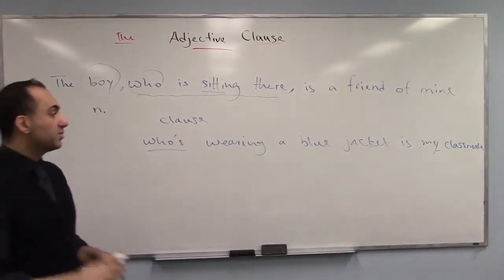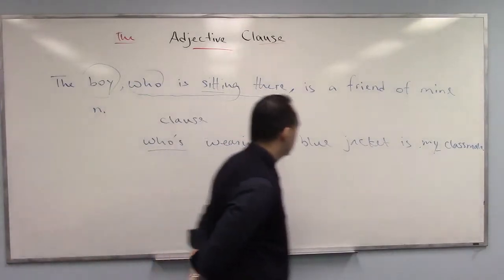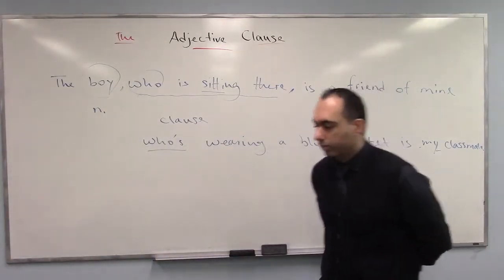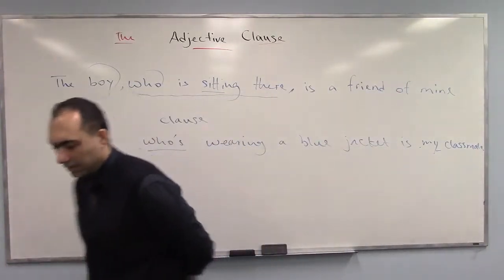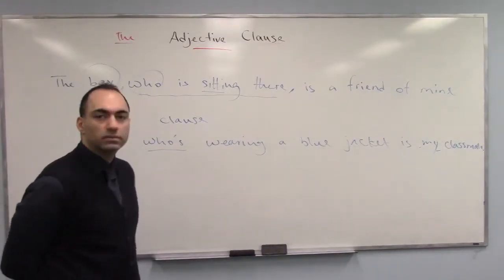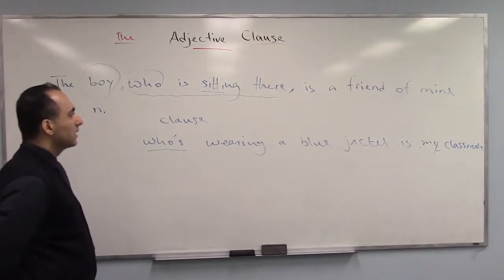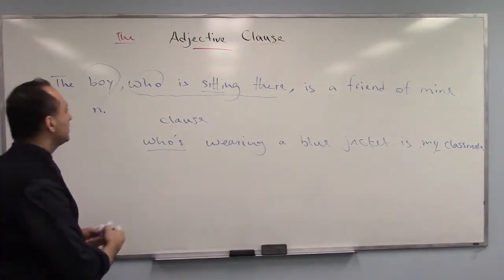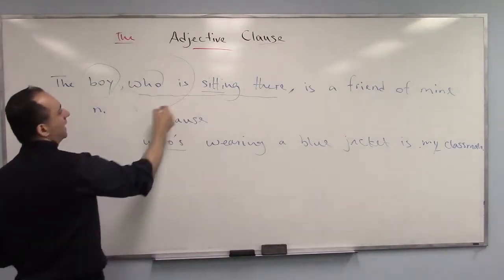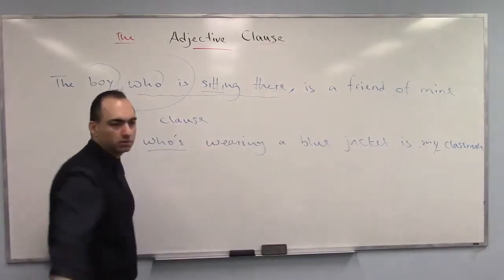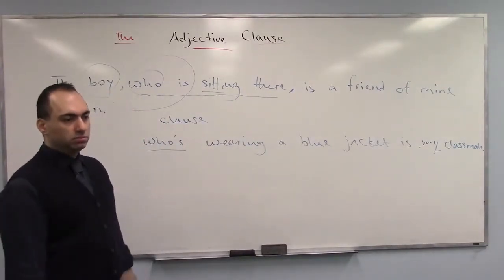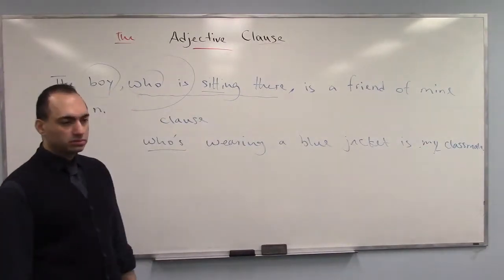The boy who is sitting there is my classmate. The boy who's wearing a blue jacket is my classmate. Describe somebody. Now, I can say, instead of saying the boy who is sitting there, the boy sitting there.